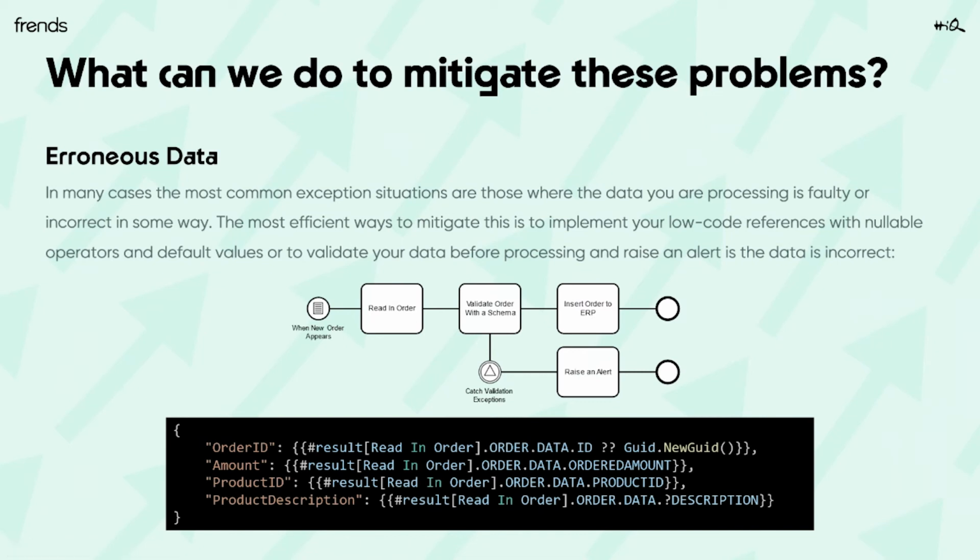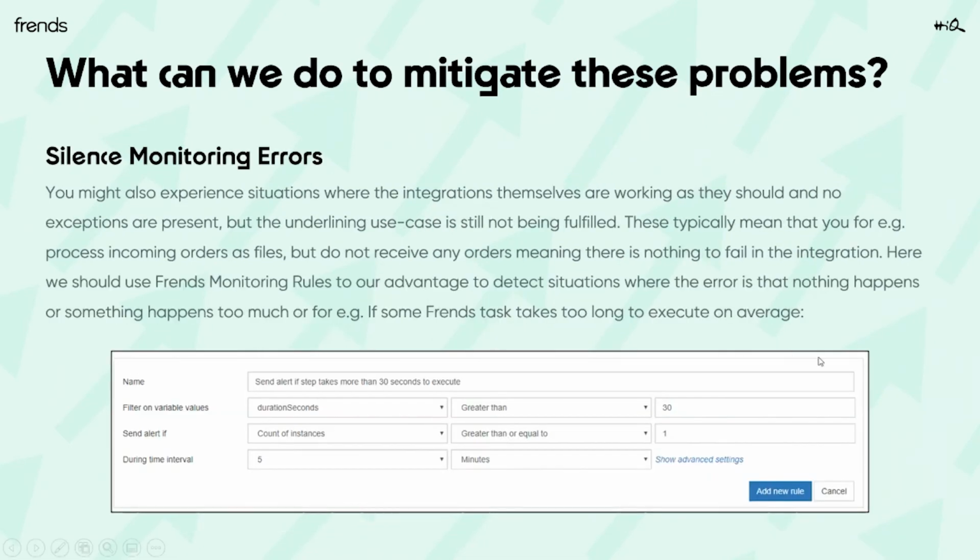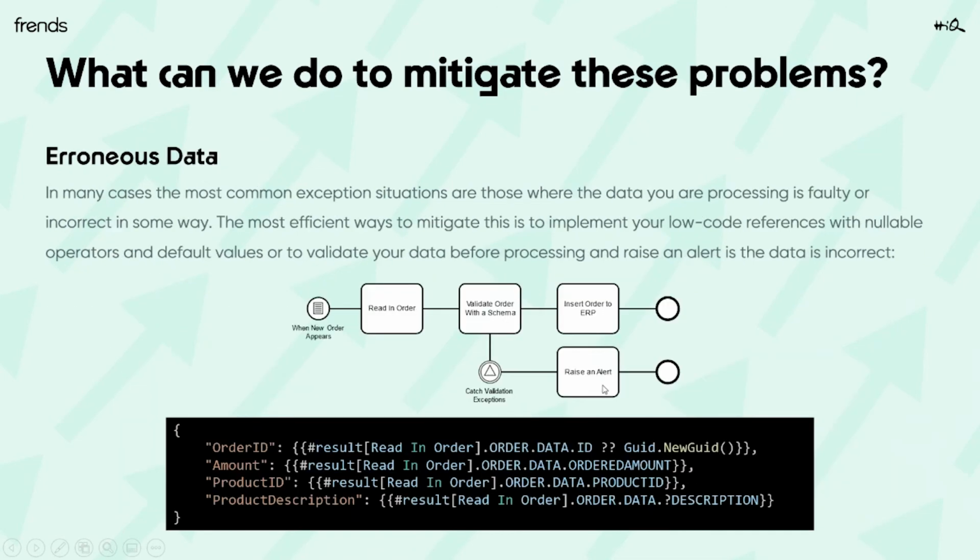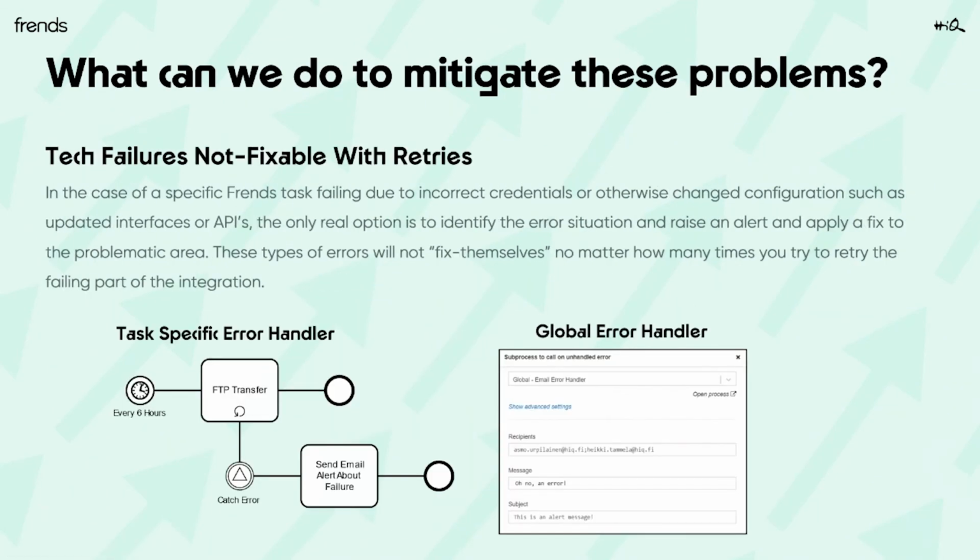And if not, then we need to detect that using the silence monitoring or the monitoring rule functionality. And what we can actually do when we are detecting this sort of a problematic rule trigger, for example, missing the correct amount of orders, we can actually revert back to the global error handler.